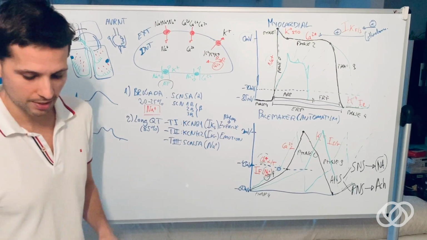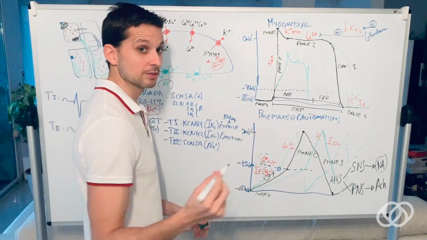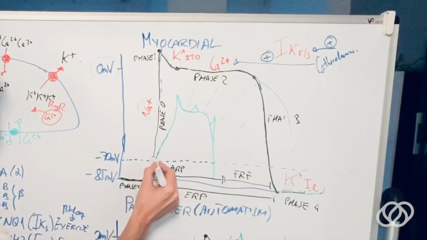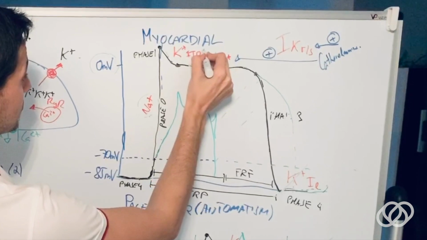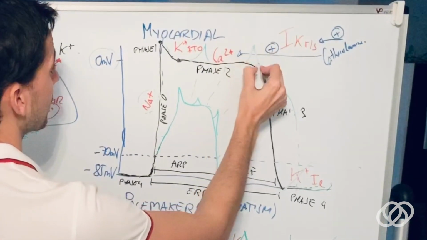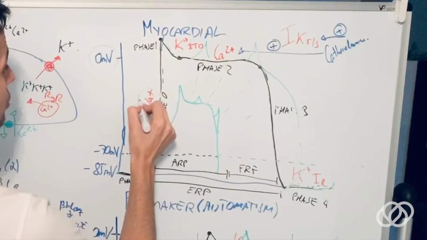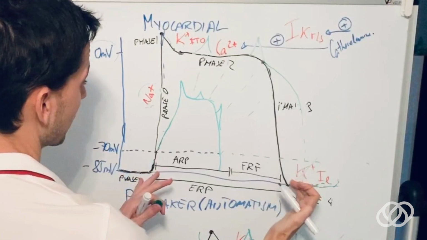So what happens here? Usually, because the sodium channels are not going to close in this part, we can easily have early afterdepolarizations, because those sodium channels are not going to close during this refractory period.